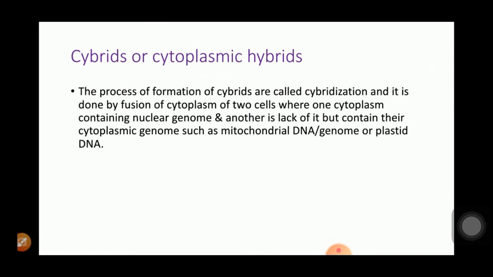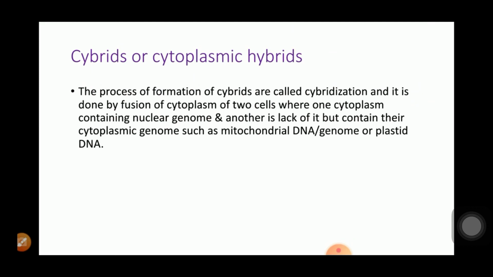What is the meaning of cytoplasmic male sterility? As I just told, the pollen grains may be vigorous and potentially able to fuse with the egg cell to make the zygote, but due to some circumstances the male gamete is unable to fuse with the female gamete.